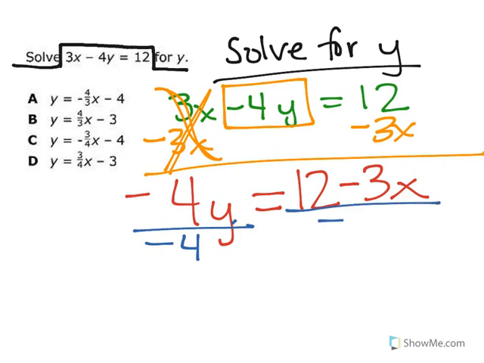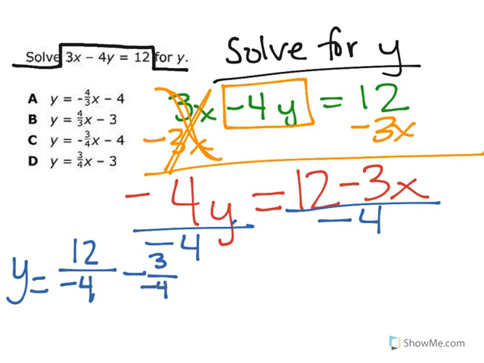That means I divide everything by negative 4. So essentially, y is going to equal 12 divided by negative 4 minus 3 divided by negative 4x.